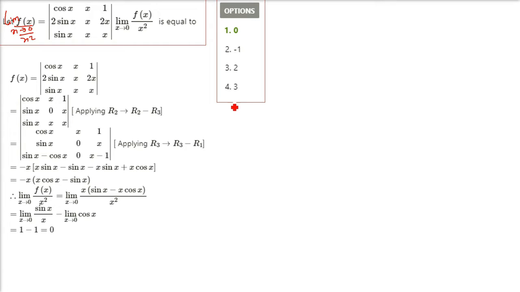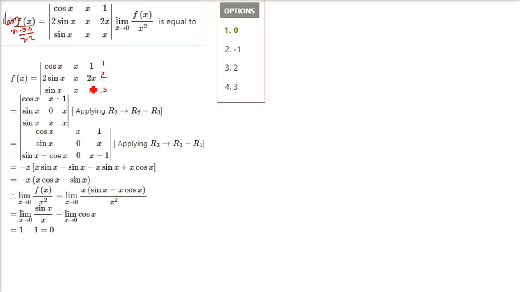So we'll try to make it as easy as possible, that is, get the maximum zeros we can. Since the second column has x, you can take x common and then do row 2 minus row 1 and row 3 minus row 1.